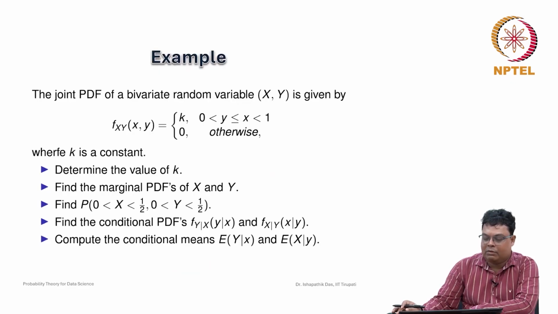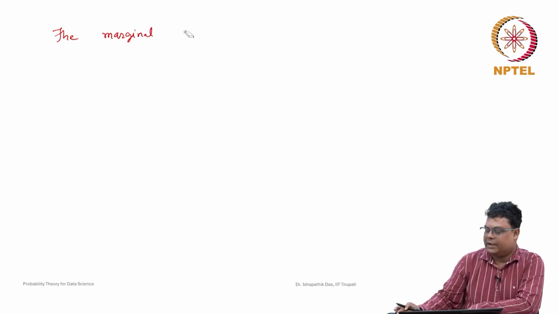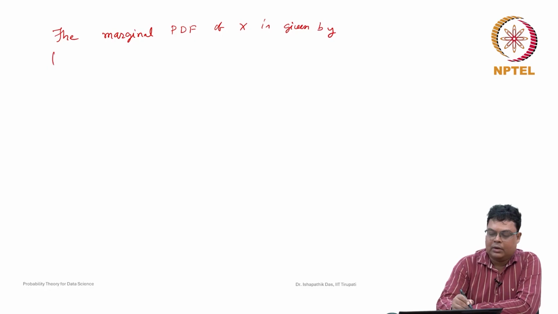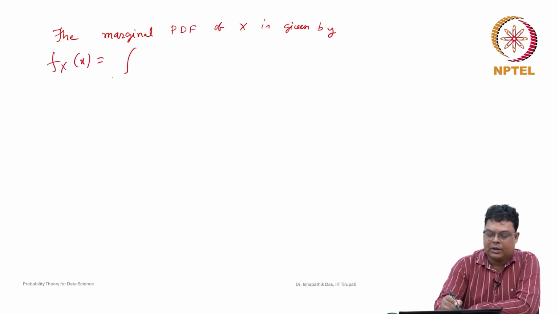Let us quickly find the marginal probability density function of x, because it is a continuous random variable. It is f(x) equal to the integral from minus to plus infinity of the joint density f(x,y) with respect to y.